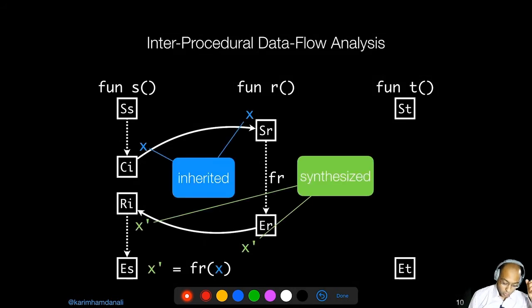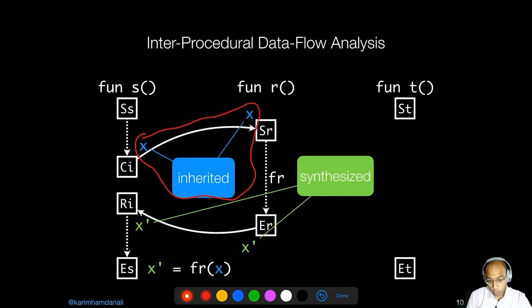There are two types of facts that an inter-procedural analysis deals with. There are inherited facts. These are the facts that every node or every method will inherit from the incoming context. And there are the synthesized facts, which are the output facts.